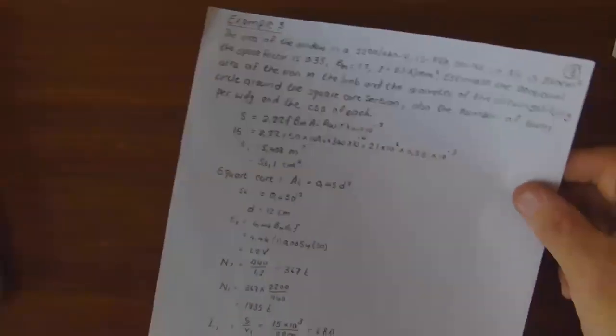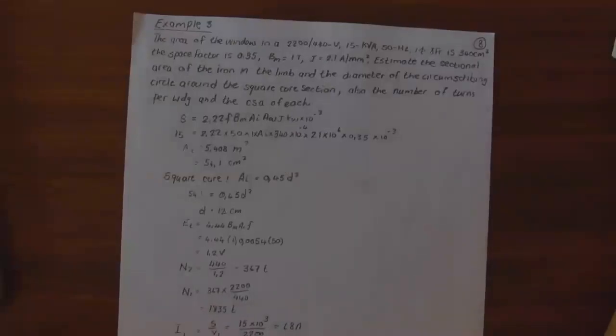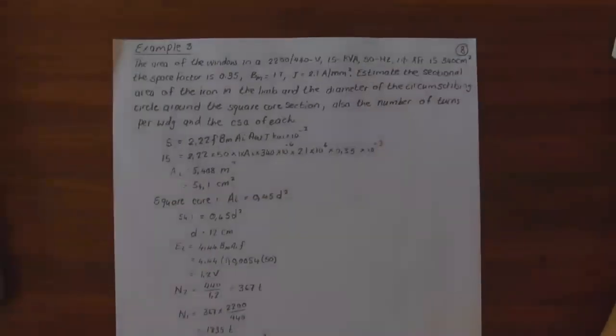If we look at example number 3, the area of the window in a 2200/440 volt 15 kVA 50 Hertz single phase transformer is 340 centimeters squared. The window space factor is 0.35, maximum flux density 1.1 Tesla, current density is 2.1 amp per square millimeter.